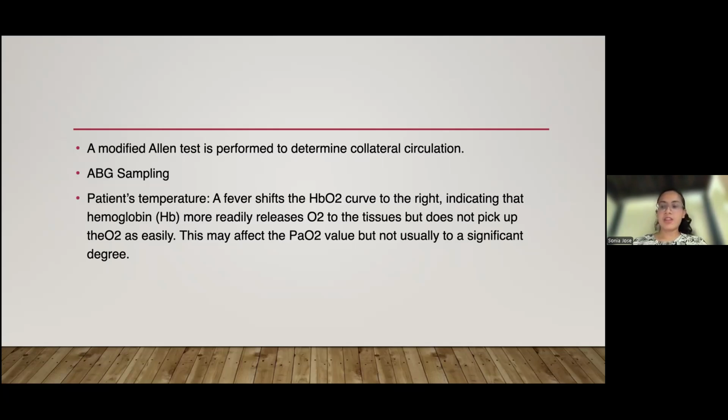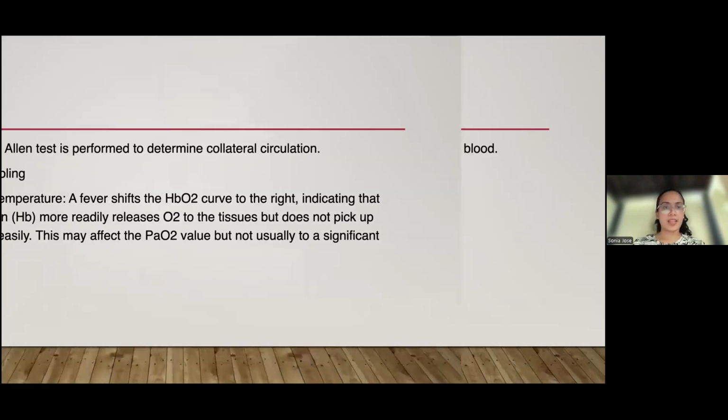And also the patient's temperature, it can affect the value sometimes, but not very significantly. Fever shifts the HbO2 curve to the right, indicating that hemoglobin more readily releases O2 to tissues, but does not pick up the O2 as easily. This can affect the PaO2 values in the ABG, but it is not very significant.